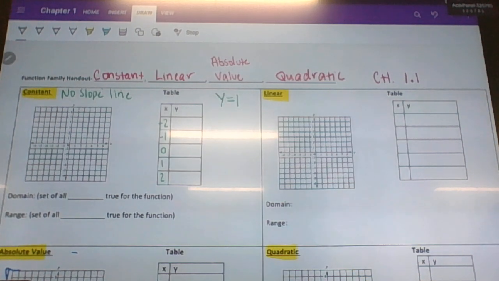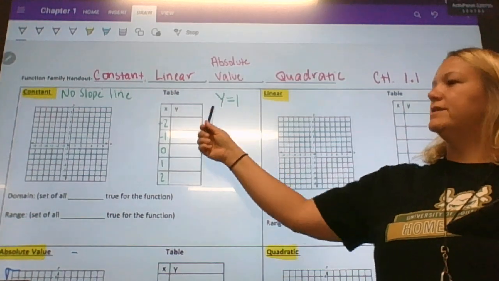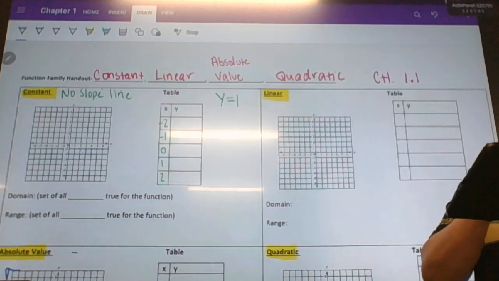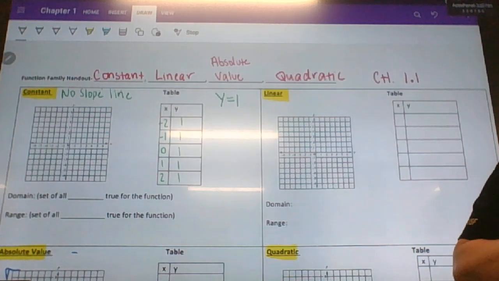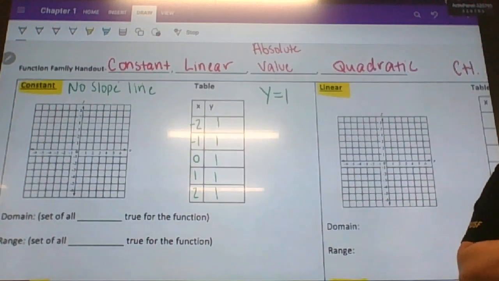And it doesn't matter for the constant what x is. Y is always 1. So I'm just going to put in a 1, 1, 1, 1, 1. The line y equals 1 has these ordered pairs: -2, 1; -1, 1; 0, 1; 2, 1.